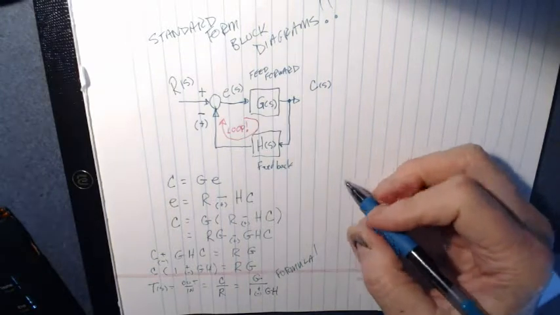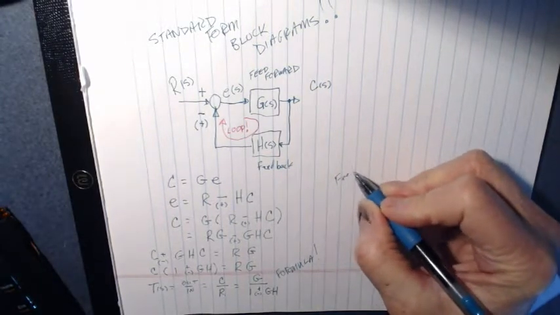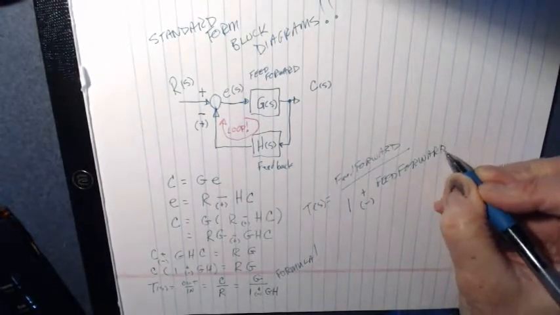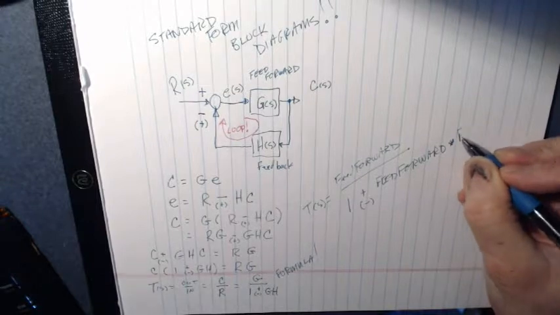And so this is one formula that you can decide to remember. It says the equivalent transfer function for a loop, T of S, is equal to the feed forward divided by 1 plus or minus the feed forward times the feedback.